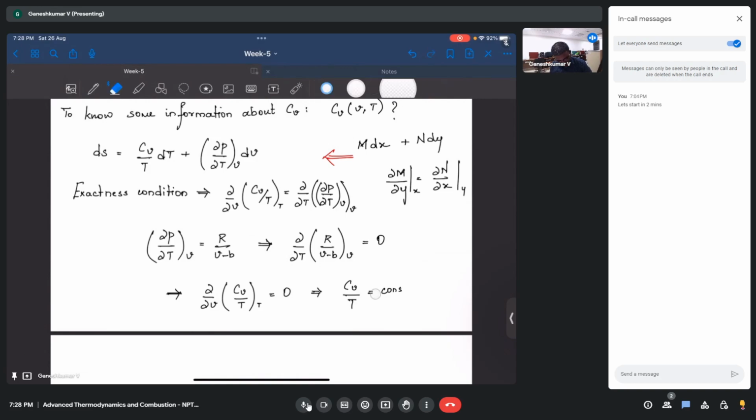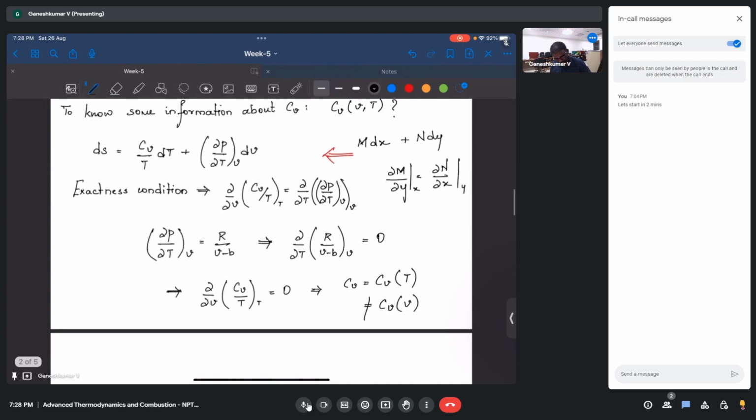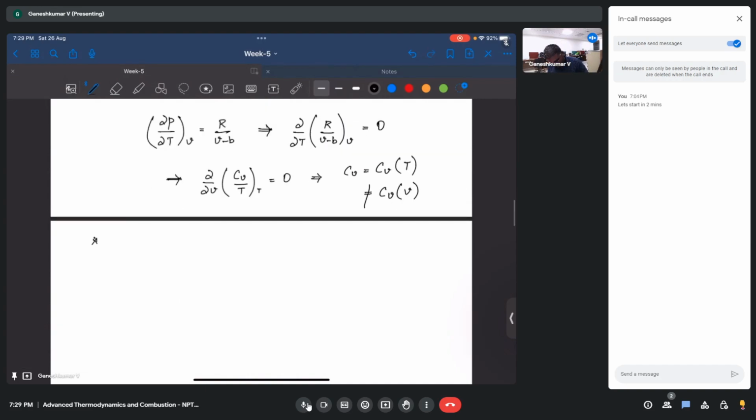So this tells us that Cv is only a function of temperature, not a function of volume. Okay, Cv is a function of only temperature. Let me just write it down here: Cv is only a function of temperature.